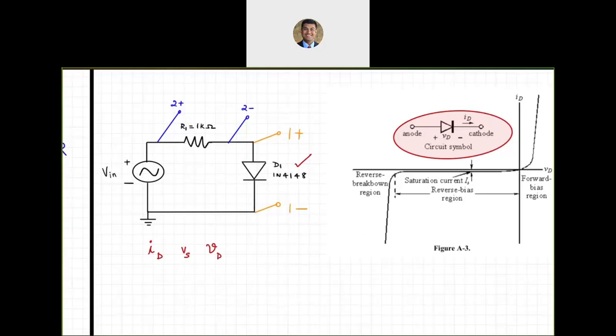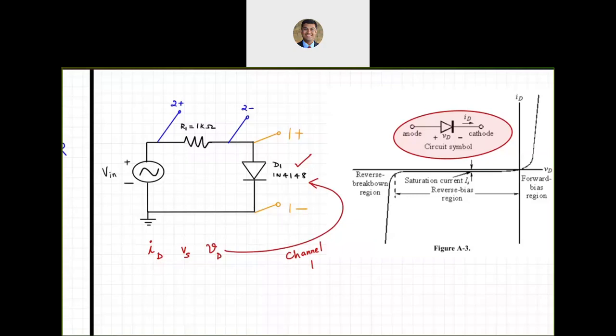So the question is, how do I know the voltage across the diode? For that, we have used channel 1, measuring across the diode, 1 plus and 1 minus. But the next question is, how do I know what current flows through the diode?